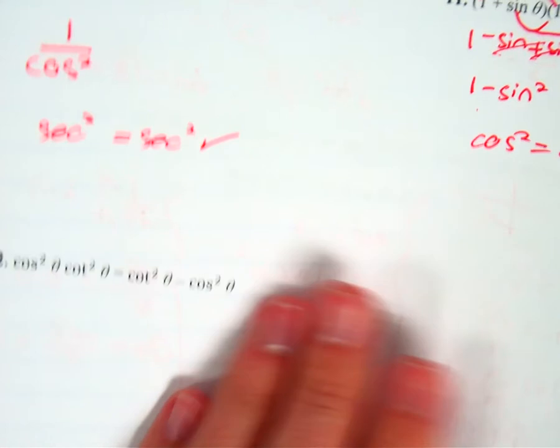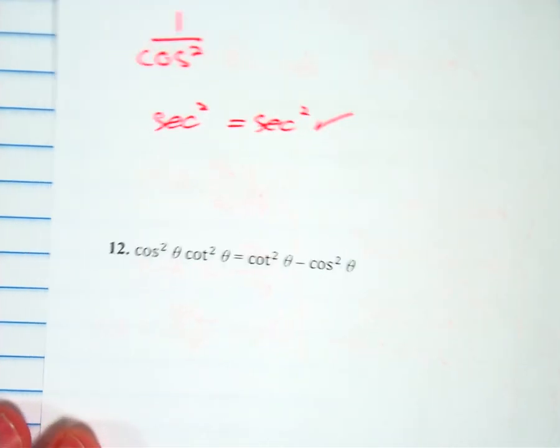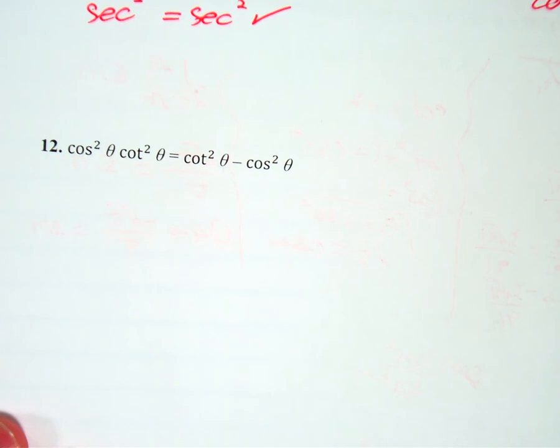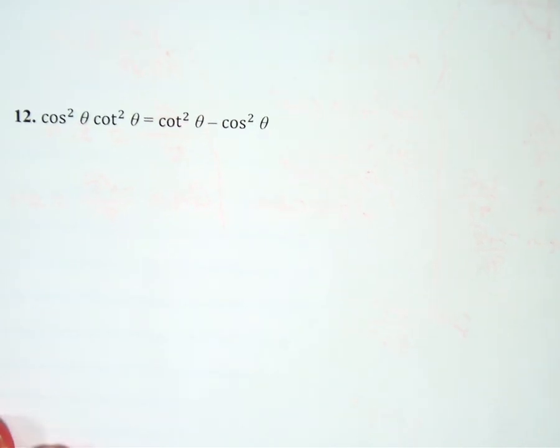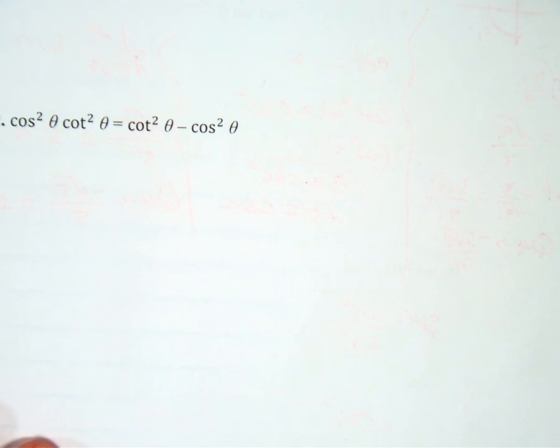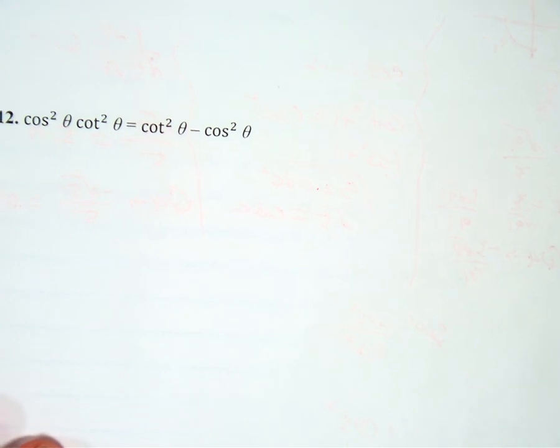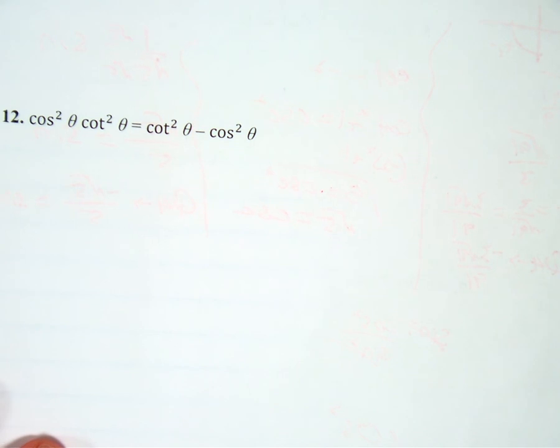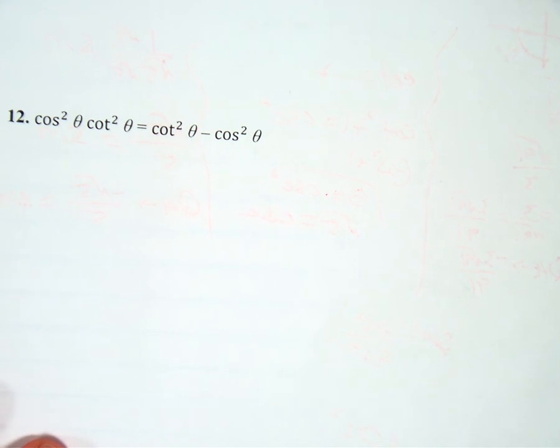All right, this last one's going to have a little bit more work. Depending on what the time is on the video after this one, I might show you both ways, or I might just stick with one. Cosine squared times cotangent squared equals cotangent squared minus cosine squared.